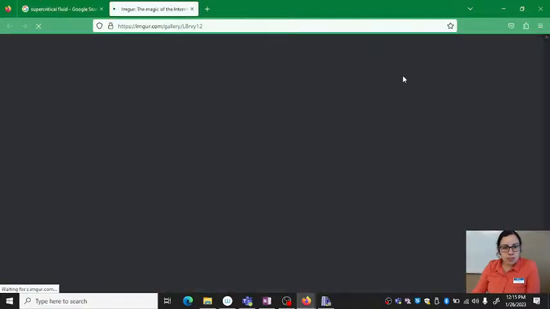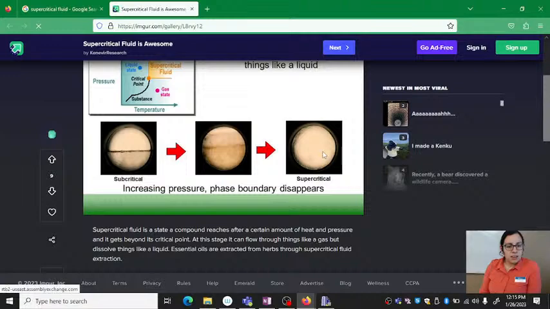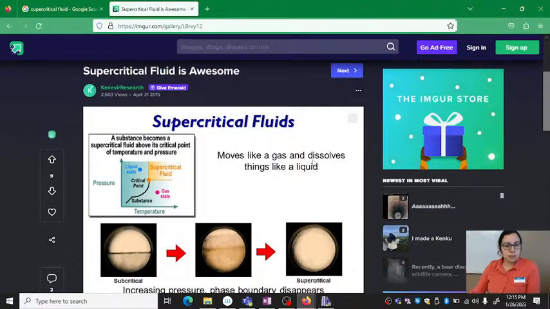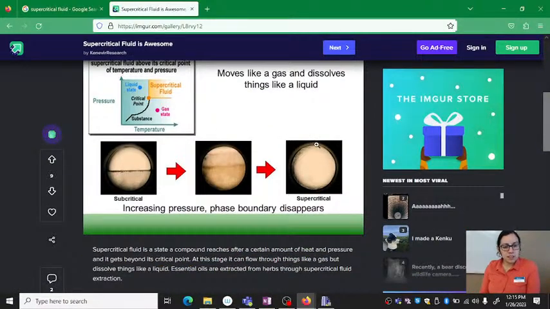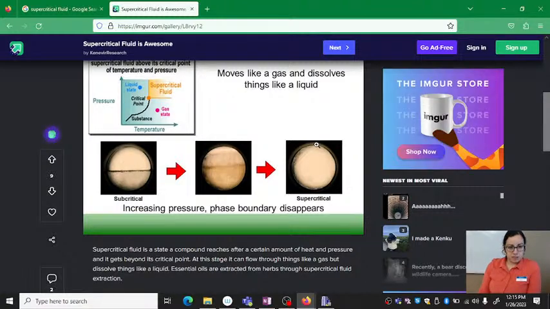To me that doesn't really make sense unless you look at it. If you're at the subcritical level, you can see there's clearly some liquid there and some gas. Then as you keep heating, that boundary disappears and you have this weird gas-liquid phase thing.